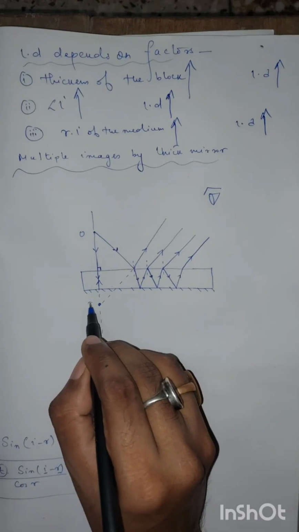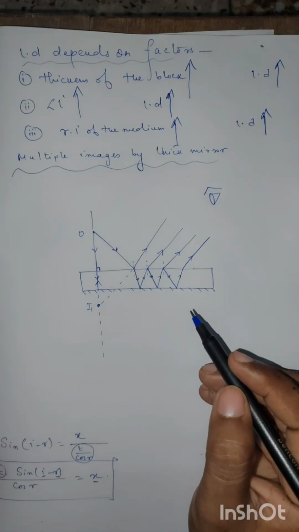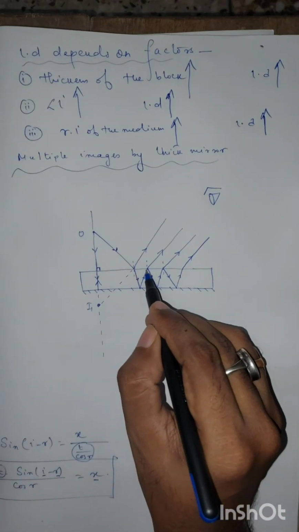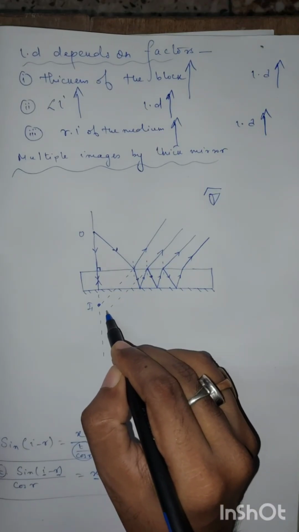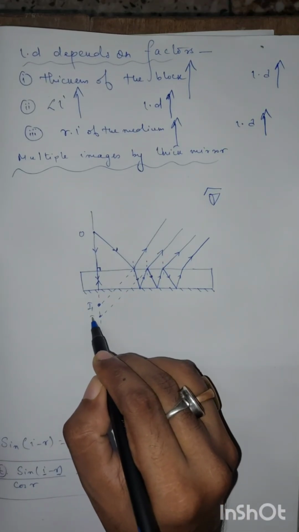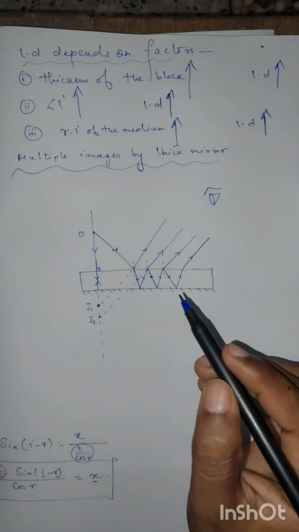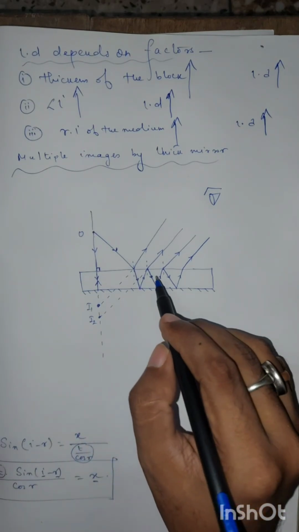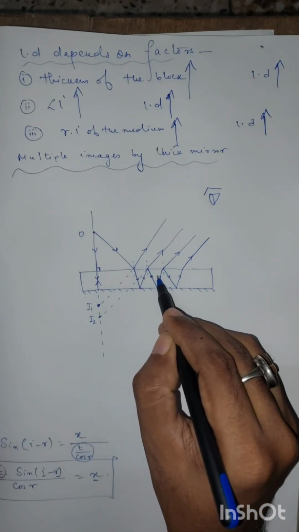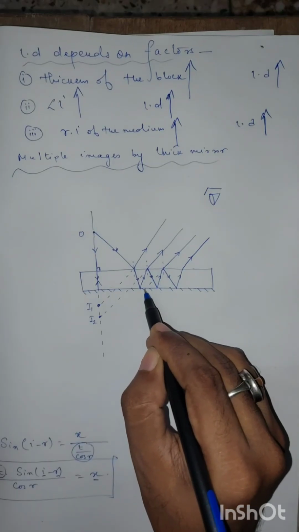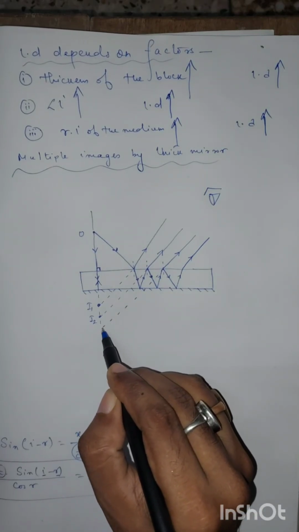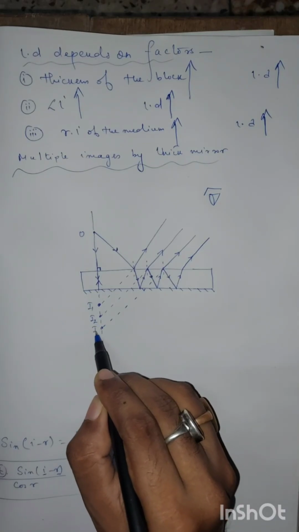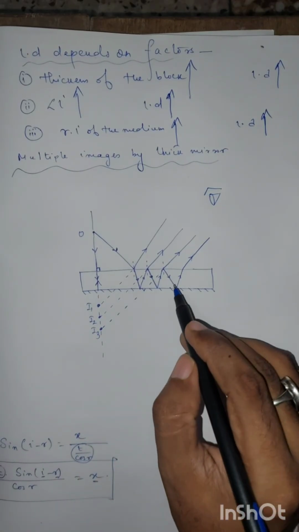This is the first image, I1. This is the second image, I2. This is the third image, I3.